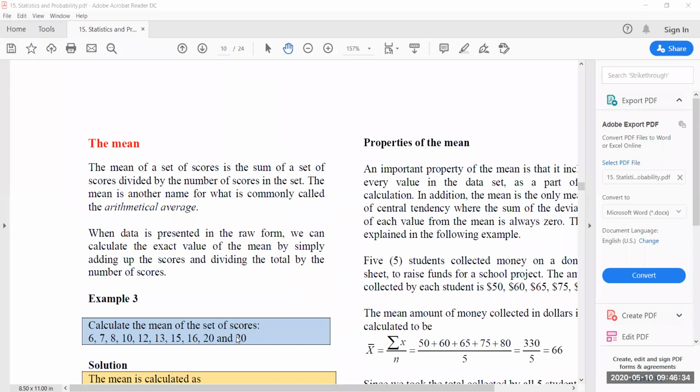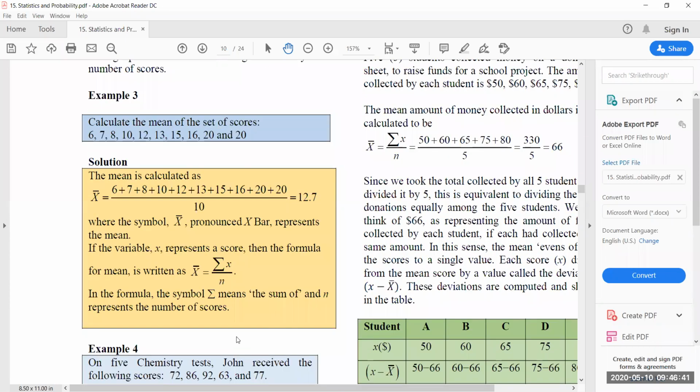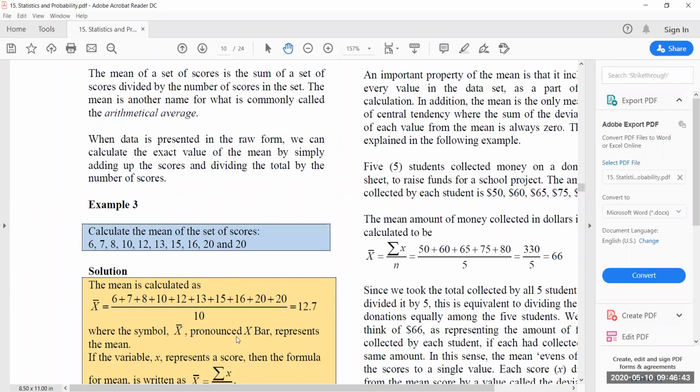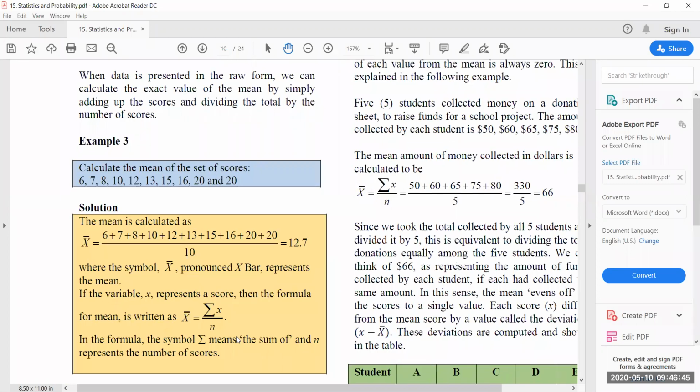I get 12.7. 12.7. Yeah. Those of you who are confused, look at the work in here.